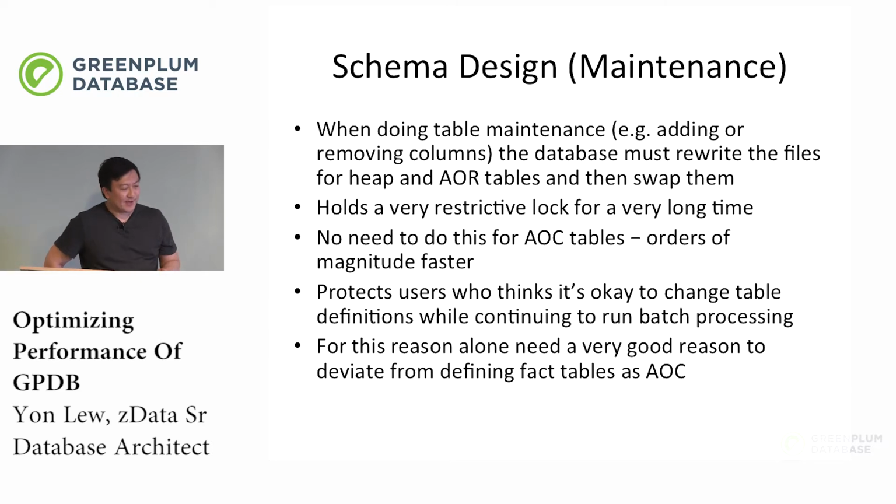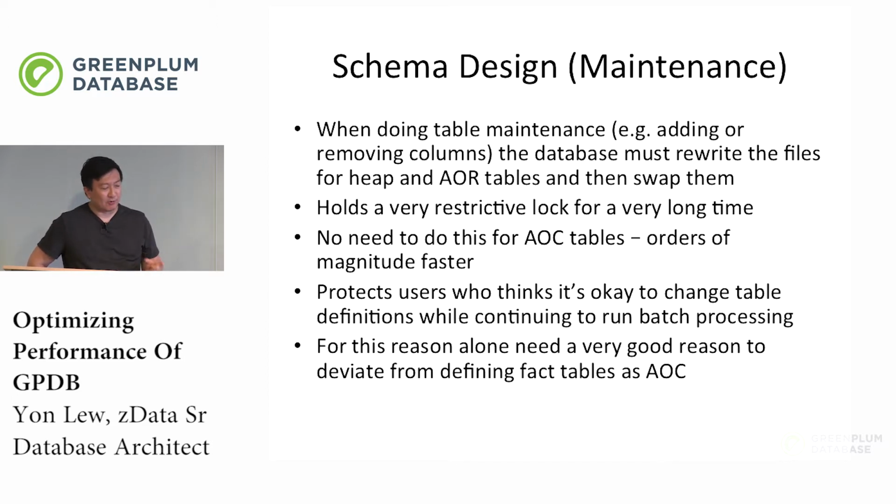There are a couple of disadvantages to that. The first is that you're going to need twice the space available, twice the size of the table, in your database to do that swap. And there's more. It holds a very restrictive lock on the table for a very long time. In fact, it holds the most restrictive lock that exists in Greenplum Database.